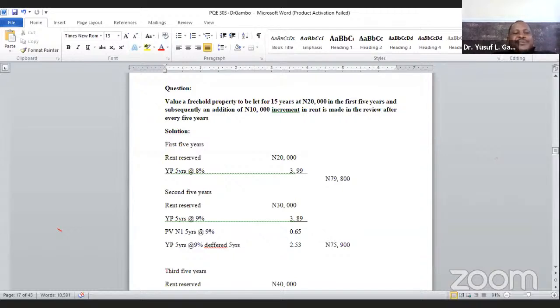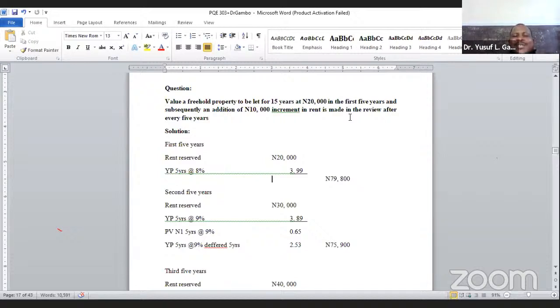You have a rent reserve of 30,000 because it's an additional 10,000 from the question: 10,000 increment in rent is made in the review after every 5 years. That's what you need to understand in the question. Now, you have your YP 5 years at 9%, and you discount it to present, PV 5 years at 9%.